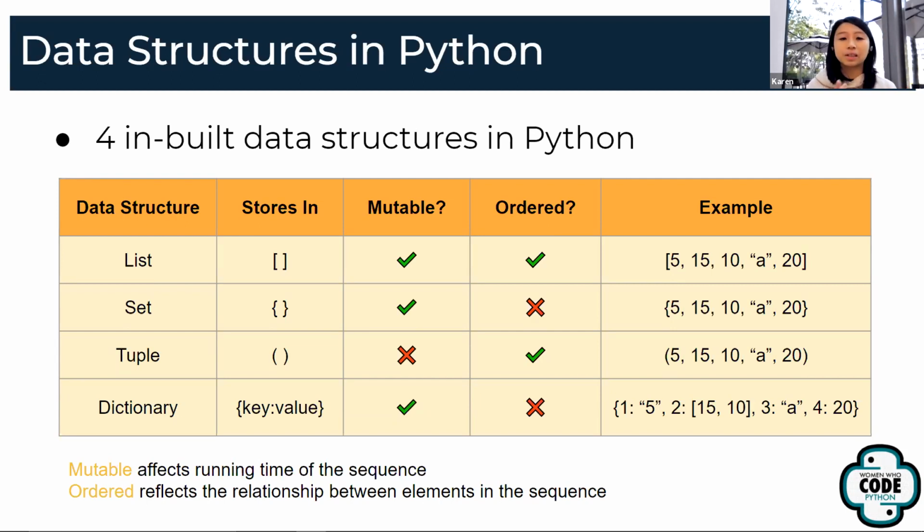But when it's unordered, there's no relationship. Titanic can be at the back and Ocean's 8 can be elsewhere, and they don't really care. That's the feature of whether the built-in data structure is ordered or unordered.